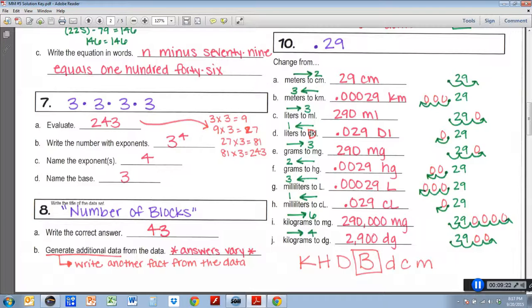From the B to the little c, we're going to move 2 places to the right. I've put that in there in green so that you can see. I'm going to do the same exact thing on my number. 0.29, the decimal point moves 2 places to the right, and I get 29 centimeters.